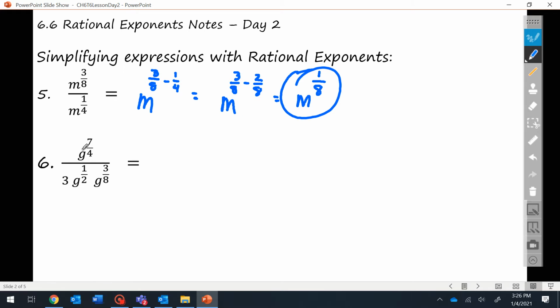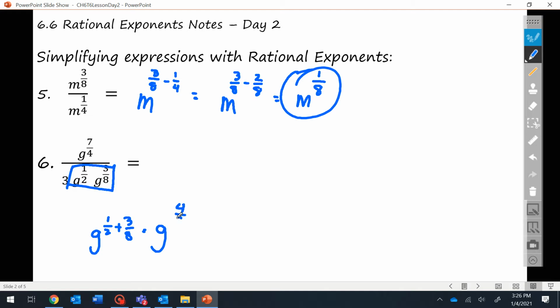Alright, now this one has a lot to do, because not only do I need to combine the ones on the bottom, I need to subtract them, dividing from the top one. So let me first start by combining these two, g to the 1/2 and g to the 3/8. I need to combine those by adding the exponents, 1/2 plus 3/8, which means a common denominator of 8.